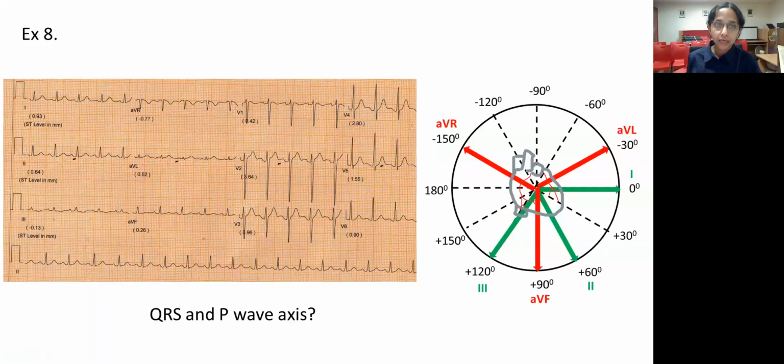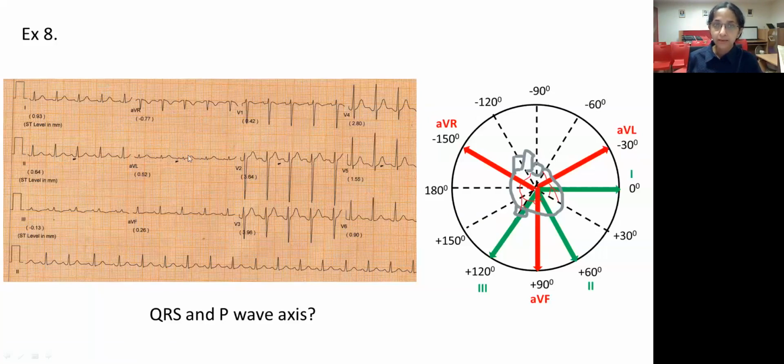Do you find an equiphasic QRS anywhere? Or a null QRS anywhere? No. I'm not sure if we would consider this because the forces are almost not there in aVL, but we will keep this in mind.